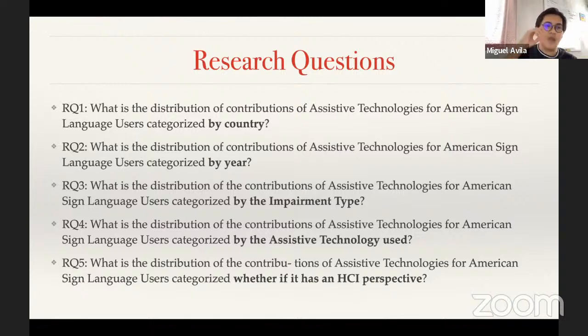So what is relevant about this paper is not only joining all these questions, but also improving the context we can have about the impairment type and whether it's using a human-centered design perspective.